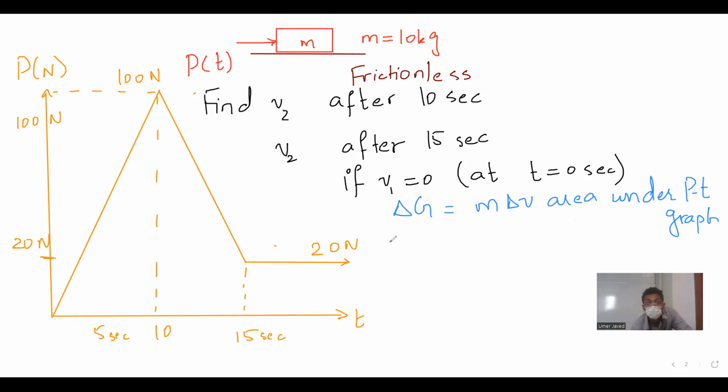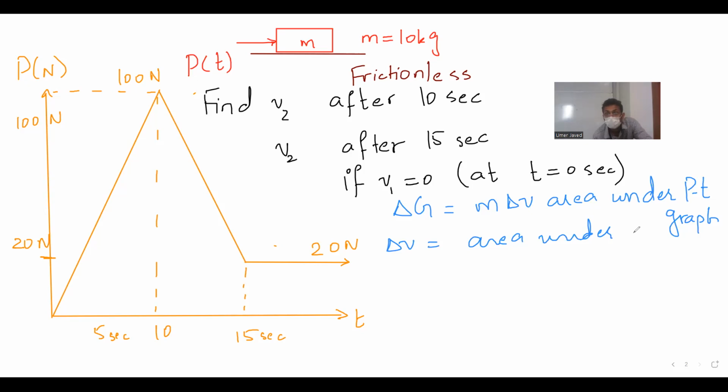So delta V is equal to the area under the P-t graph divided by M.